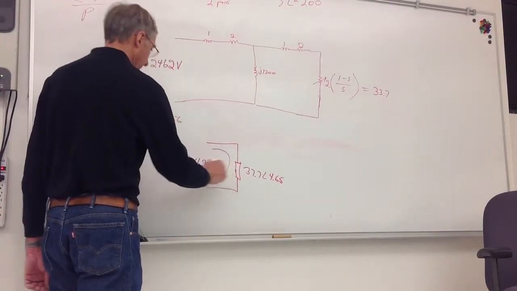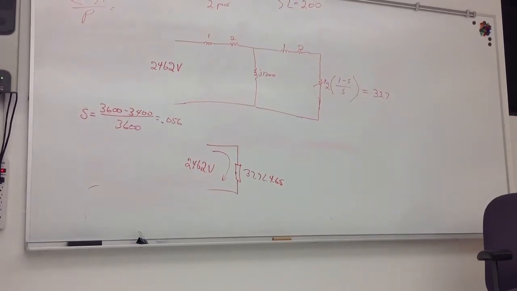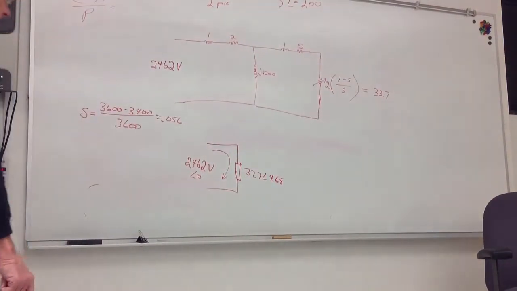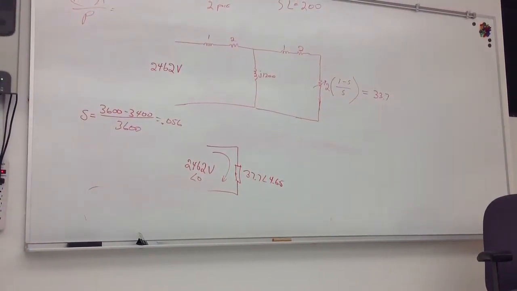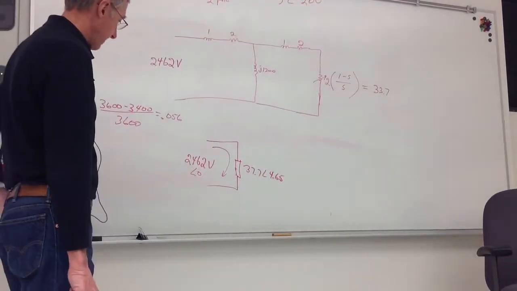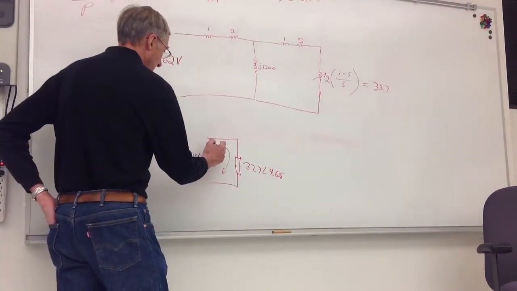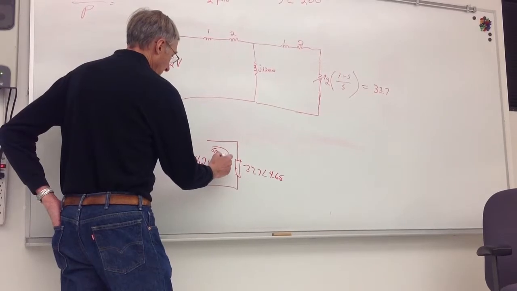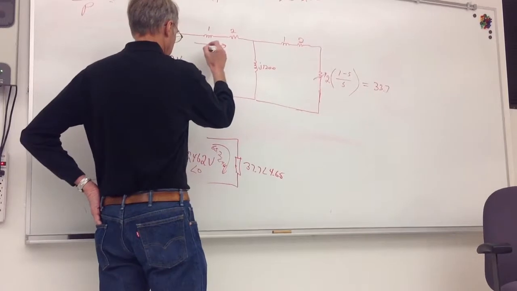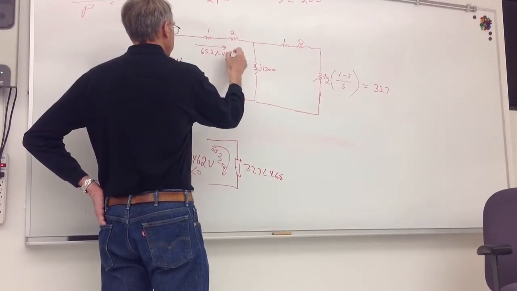What angle am I going to use on my 2462? 0. So what's my current? Angle negative 4.65. So this current here is 65.2 at an angle of negative 4.65.